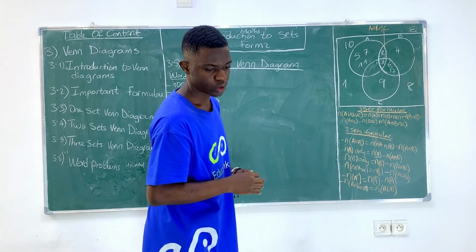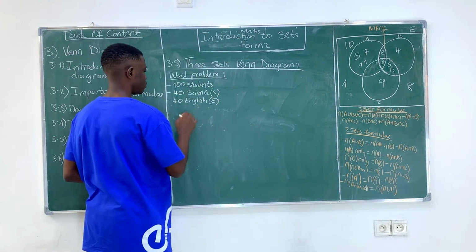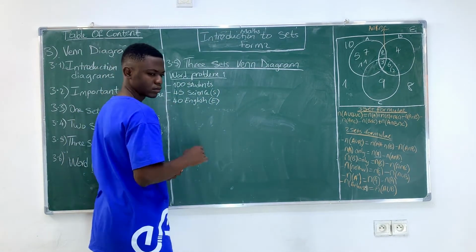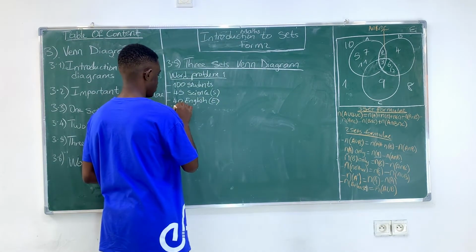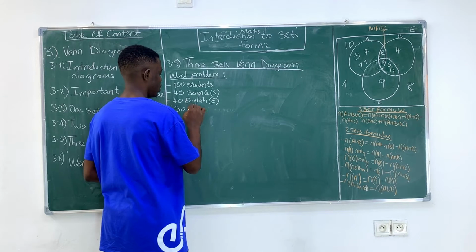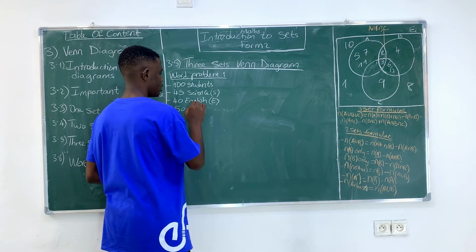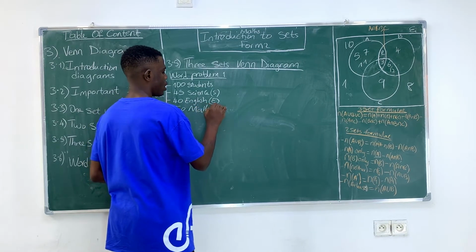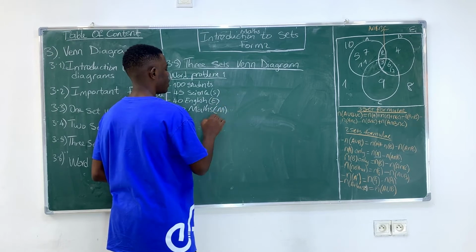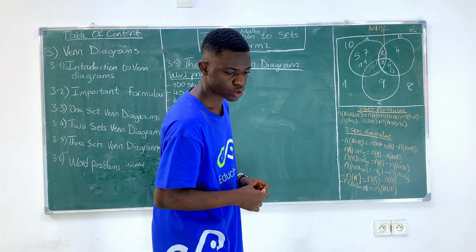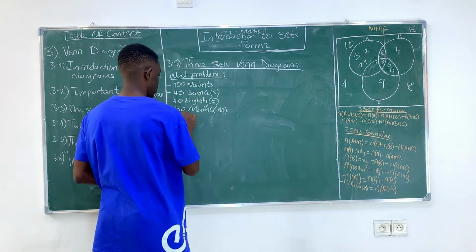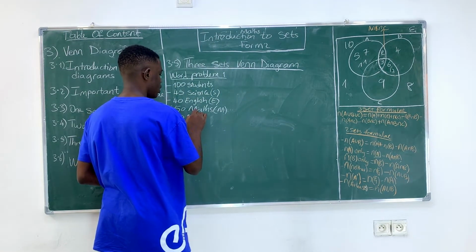We have 50 who study math. Let's call math M. Now we have 20 who study math and science.